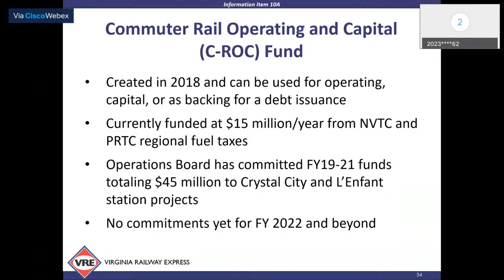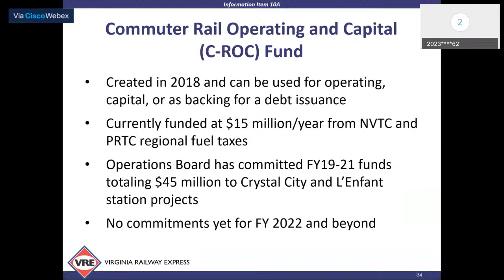And the natural source for us to make this contribution is the CROC. And so I want to give a quick refresher on the CROC, and then I'll talk about the structure of what we're proposing here with the funding agreement.